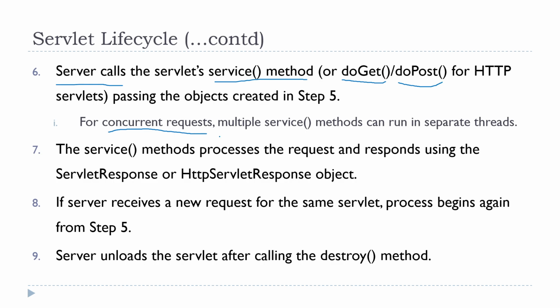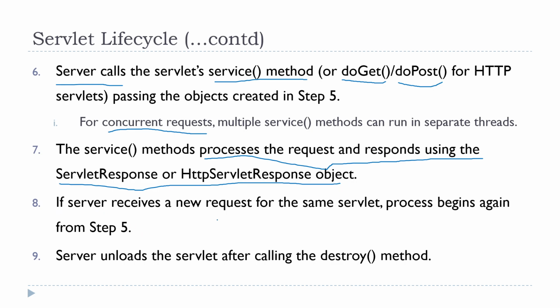Or if we have a pool of objects, like we had created in the starting, then if there are multiple clients sending requests for the same servlet, we may also allot them different objects to handle their requests, or we can also call the service method of the same object in multiple threads. The service method will then process the request and respond using the HTTP servlet response object.